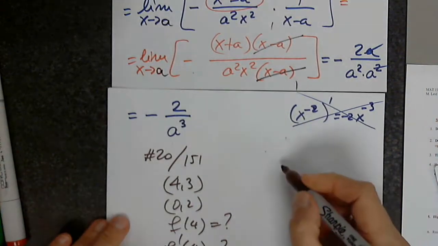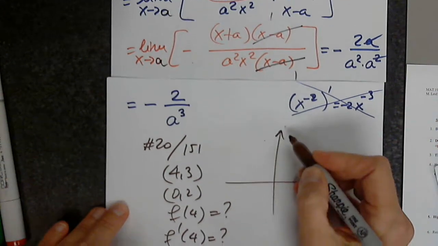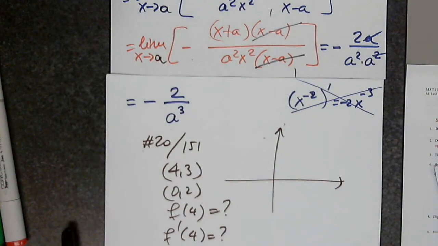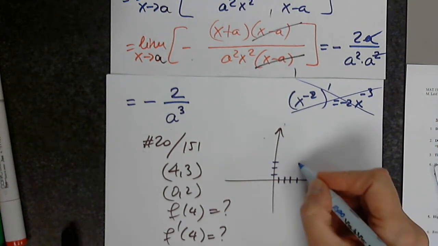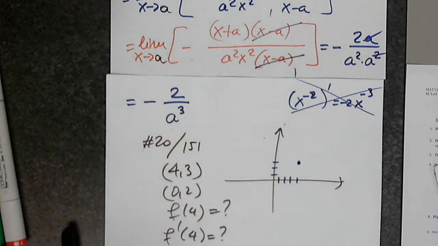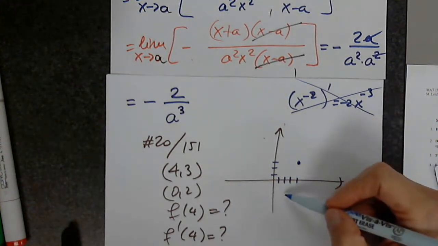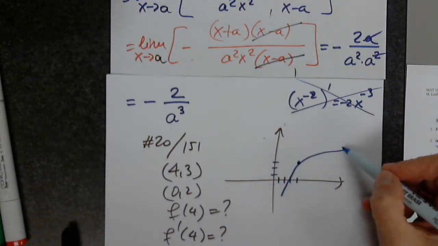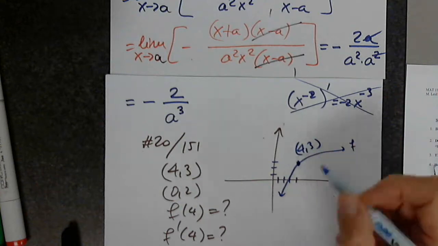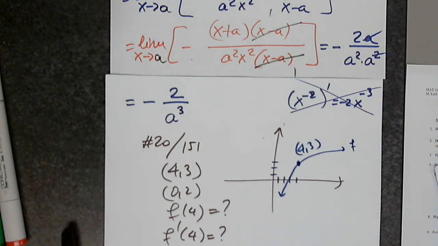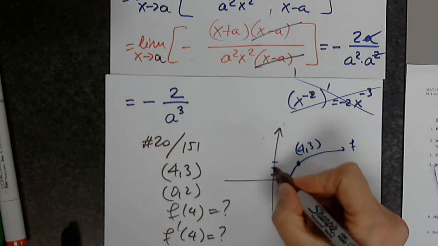So I'm going to just picture something in here to see if I can make up anything. So there is a graph. There is a point 1, 2, 3, 4, 1, 2, 3 right here. So I'm going to say this is the graph of function f. This is the point 4, 3. And they say that the tangent line goes to 0, 2.